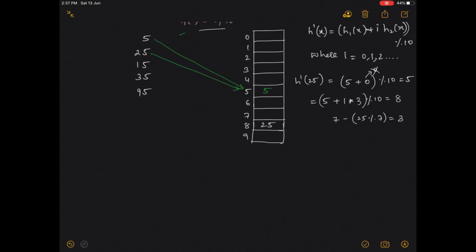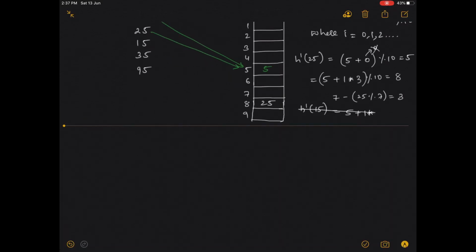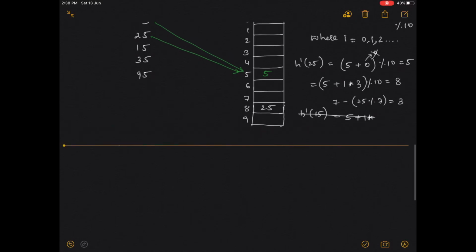Fine. Now 15, where will it be stored? h'(15) is equal to 5 plus 1 into h2(x), which becomes 7 minus, with x as 15, 15 mod 7. 15 mod 7 is 1, the remainder is 1, so 7 minus 1 is 6.